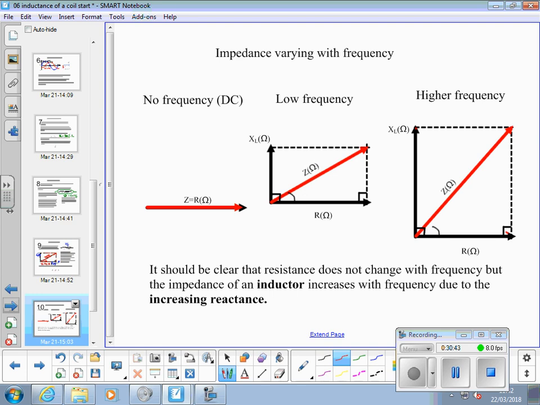So, for an inductor, the higher the frequency, the less current will flow, because Z, the overall impedance, is getting bigger. And they end up further and further out of phase with each other. All these different quantities can be complex numbers that we've been using in maths in either form.